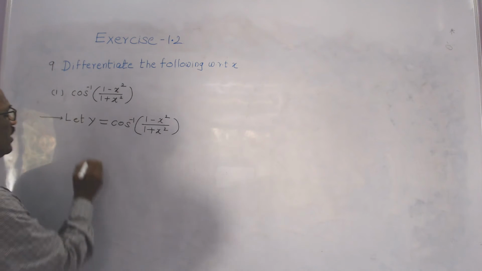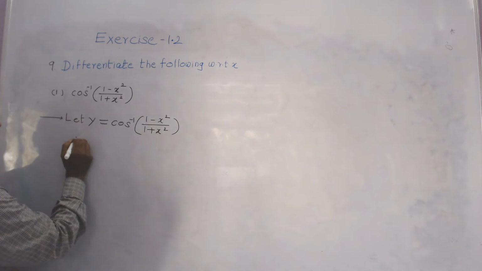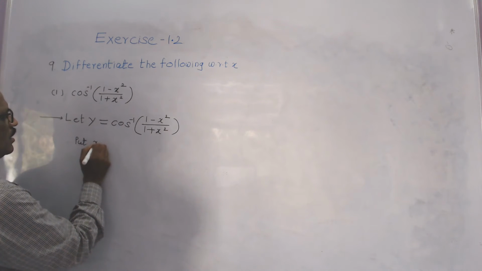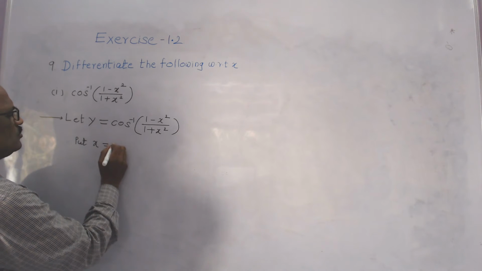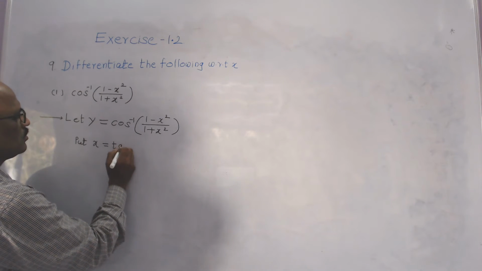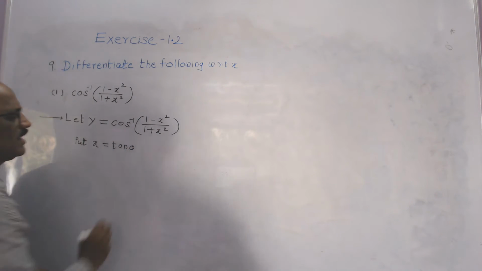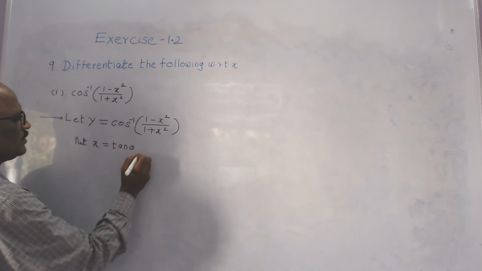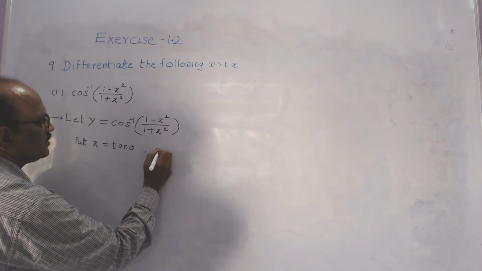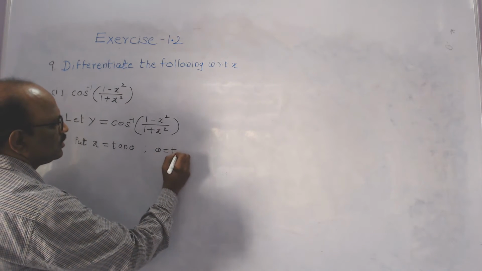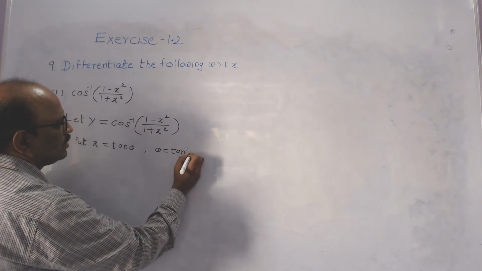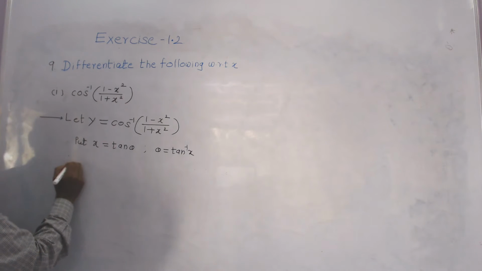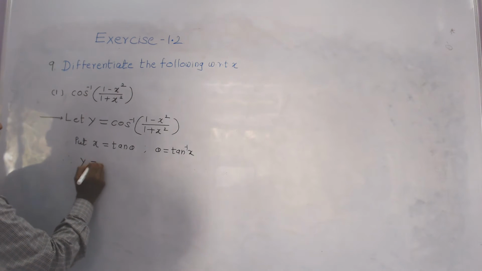Put x equals tan theta, and it means that theta equals tan inverse of x.